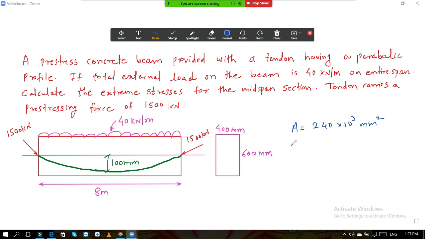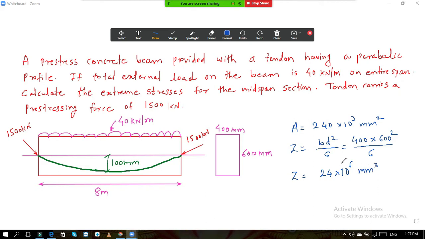So now Z is bd square by 6 for a rectangular section. So it is 400 into 600 square divided by 6. So the value of Z is 24 into 10 raised to 6 mm cube.